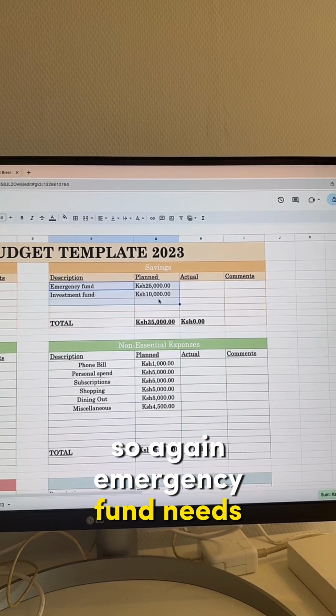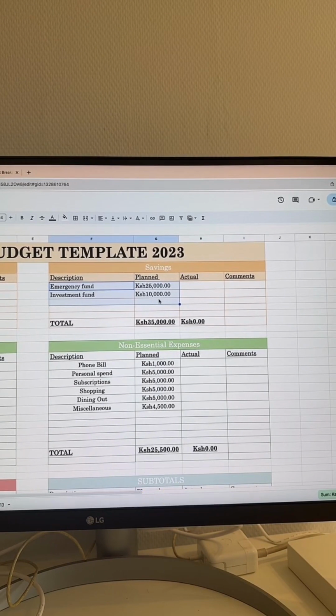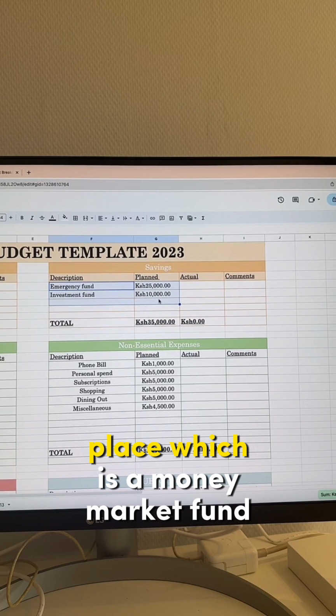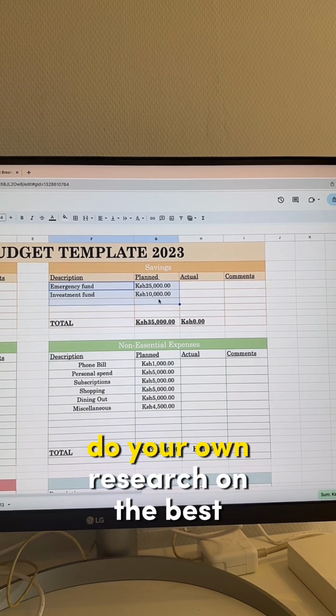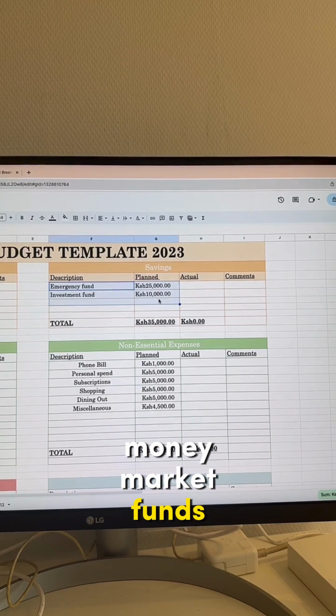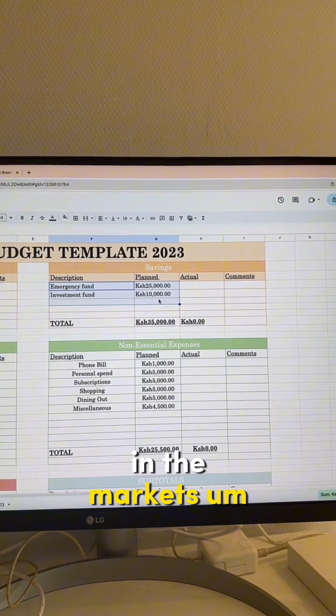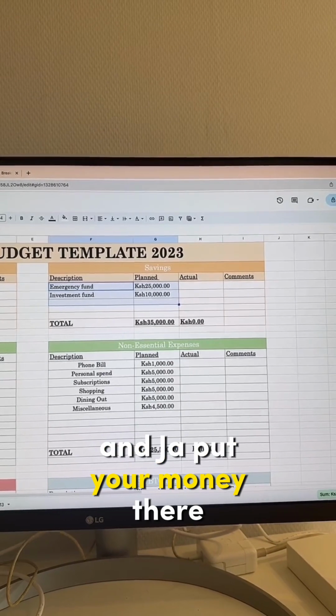So again, emergency fund needs to be in the right place, which is a money market fund. Do your own research on the best money market funds in the market. And put your money there.